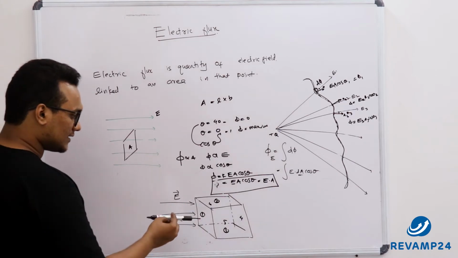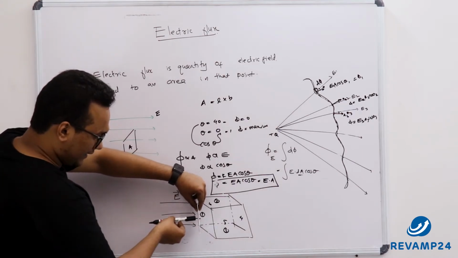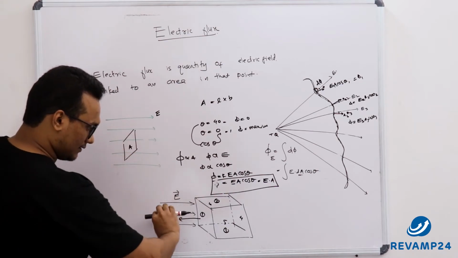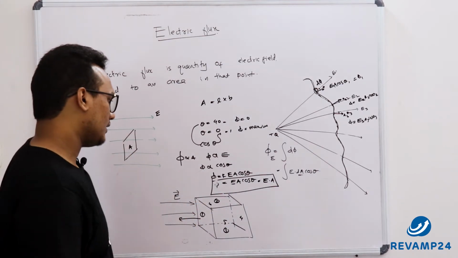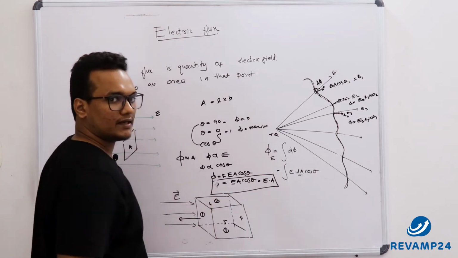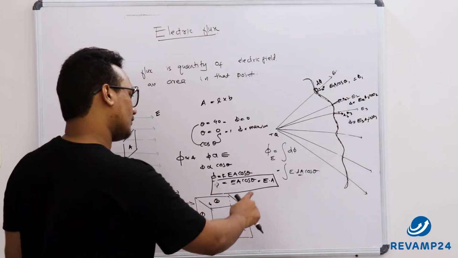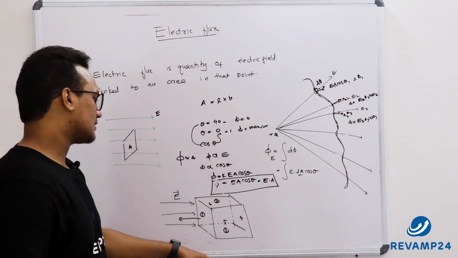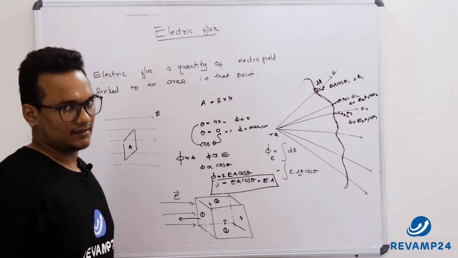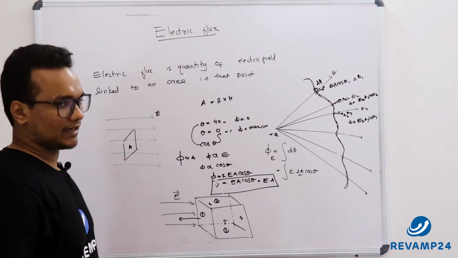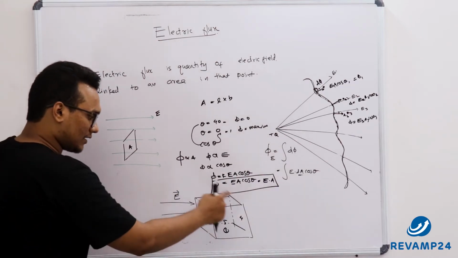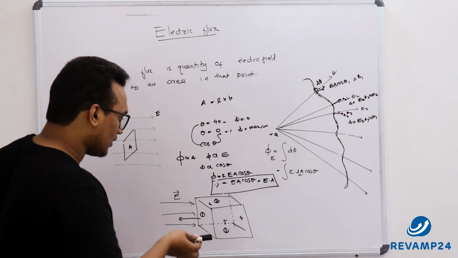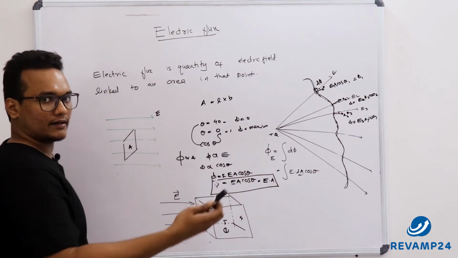But if someone takes the area direction as this one, then this and this make an angle of 180, so that will be EA cos 180. Cos 180 is minus 1, that will be minus EA. So some students will get plus EA, some other students will get minus EA. This is not fine, right? That creates an ambiguity.